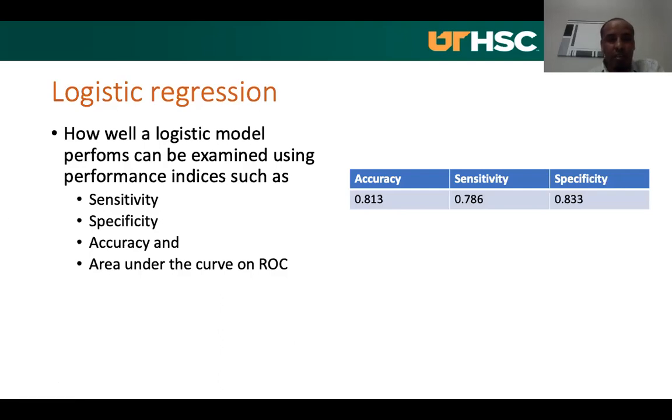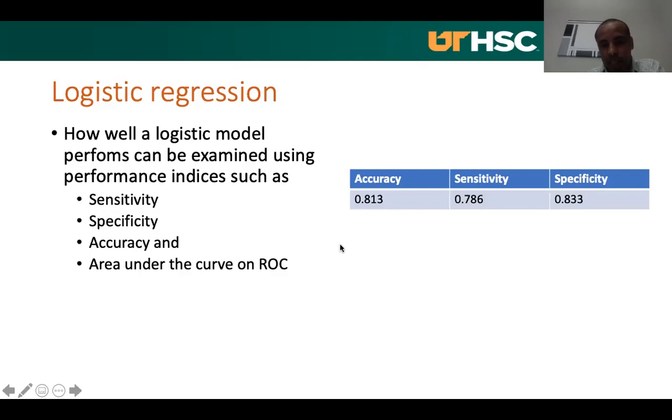The sensitivity is the ability to detect a condition in those who have the condition. And the specificity is the ability to say there is no event or condition when there is none. And the accuracy is the ability to tell correctly those who have a condition and those who do not, divided by the total tests conducted for the whole model.